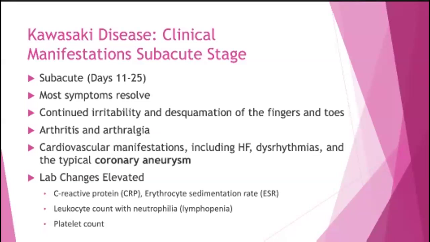Cues will be changes on echocardiograms and labs looking at their C-reactive protein and their erythrocyte sedimentation rate, so two inflammatory markers. We also want to note their neutrophil counts and their platelet counts. Most symptoms have kind of resolved during this period, so we just need to make sure that parents realize, no, we're still sick.